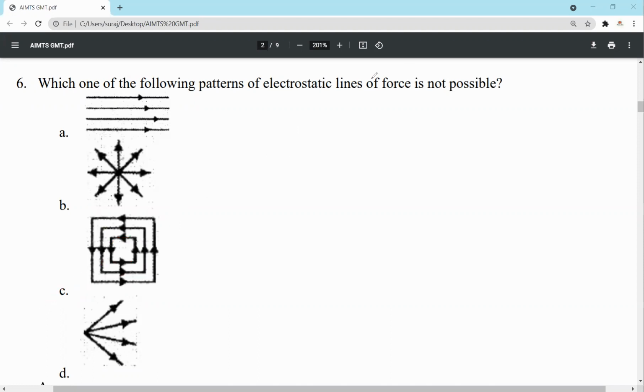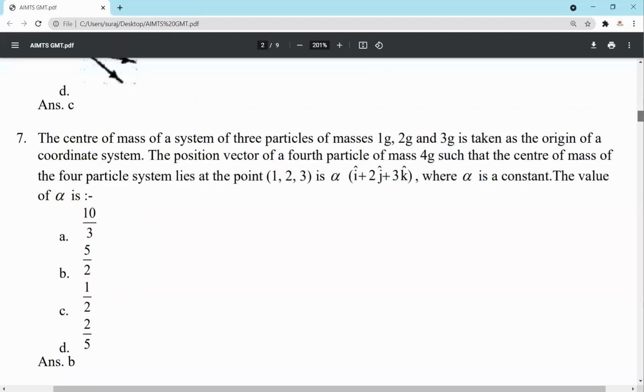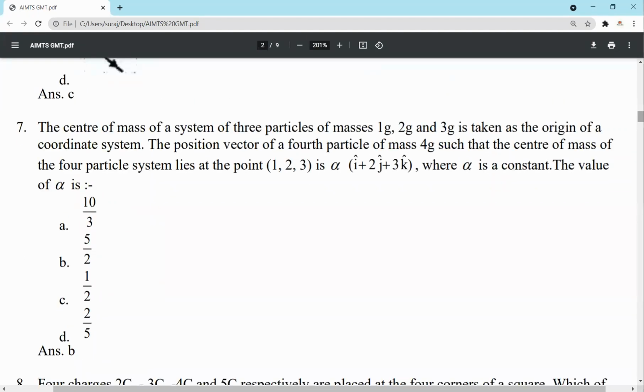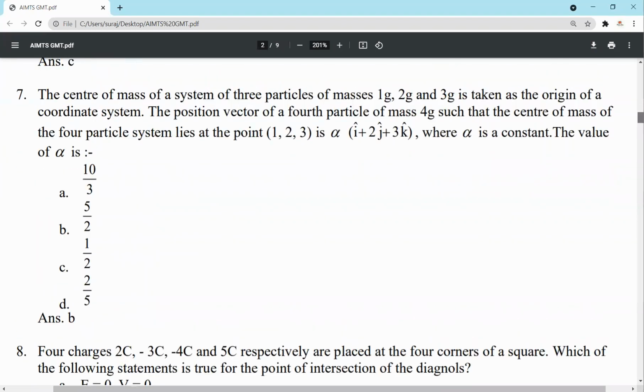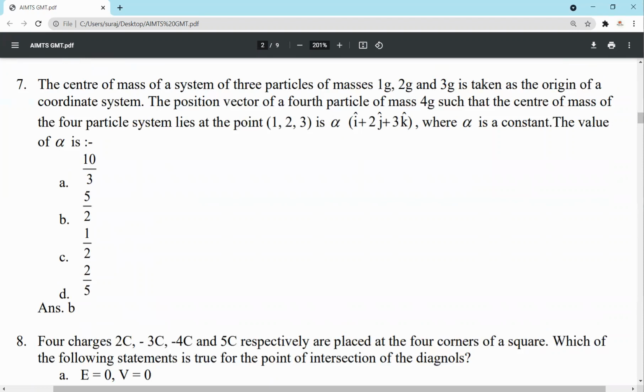Question number 7. The center of mass of a system of 3 particles of mass 1 gram, 2 gram, 3 gram is taken as the origin of the coordinate system.